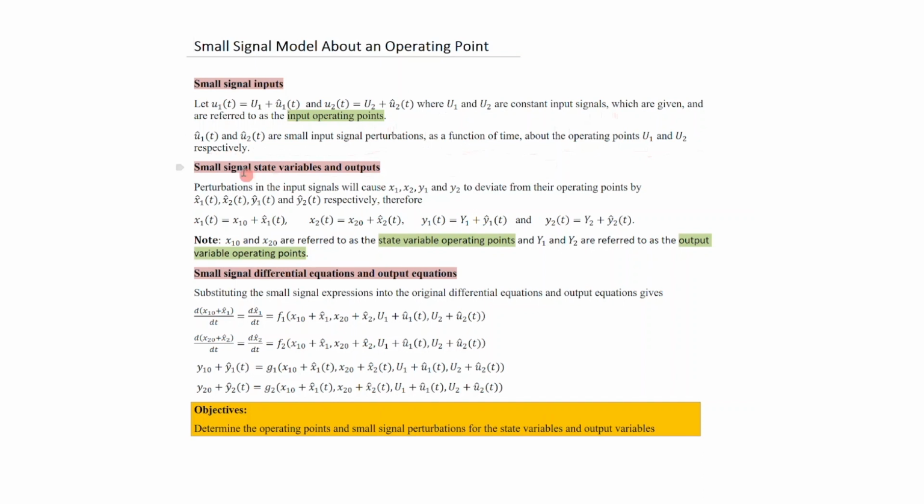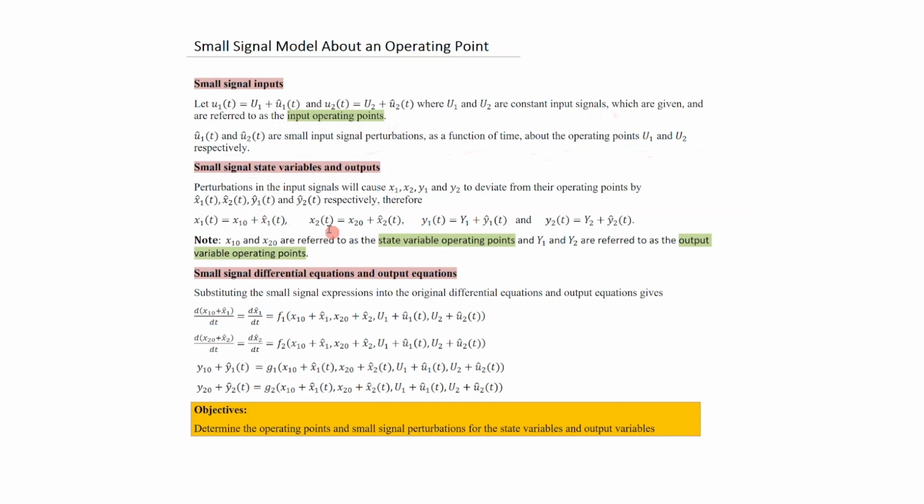Okay, so the next thing is to look at the state variables and the output variables. Perturbations in the input signals will cause the state variables and the output variables to change. So, for instance, one of the state variables is now defined as its steady state value plus a perturbed value.